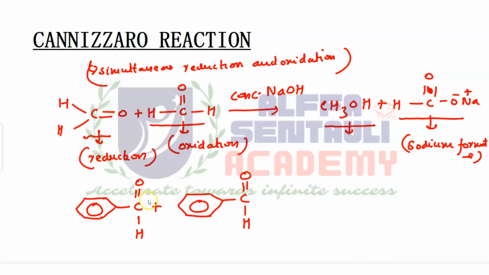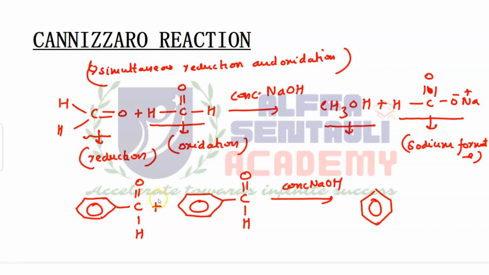Simply, if there are two similar molecules in the presence of concentrated NaOH, then one molecule will undergo a reduction reaction, and for the other molecule, an oxidation reaction will happen. If you reduce this compound, you will get a compound like this.